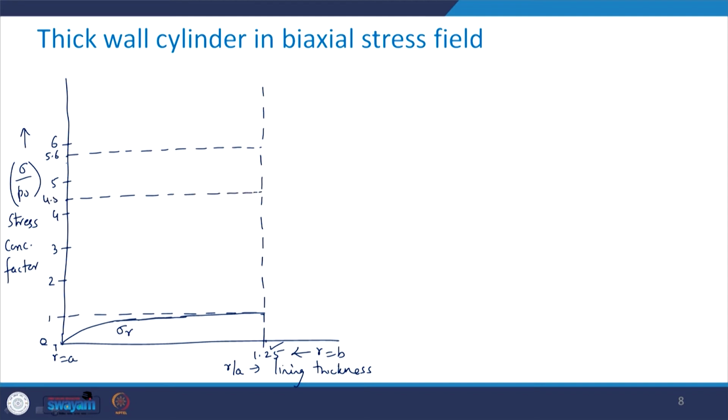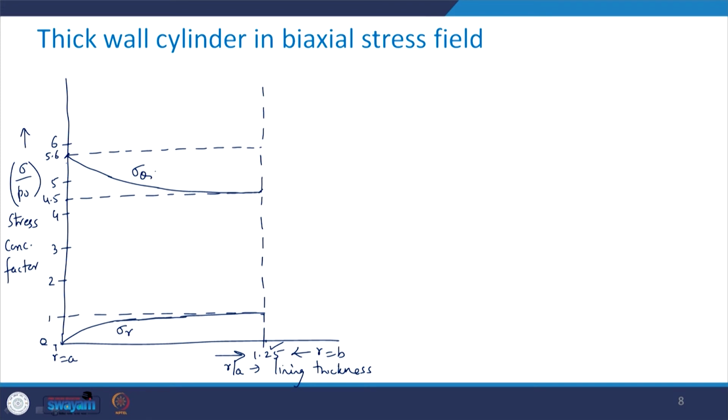So, at r equal to a, it is 5.6 and then it goes to 4.5 when r equal to b, that is your b by a I have considered as 1.25. So, its variation will look like this. So, this is the variation for sigma theta.